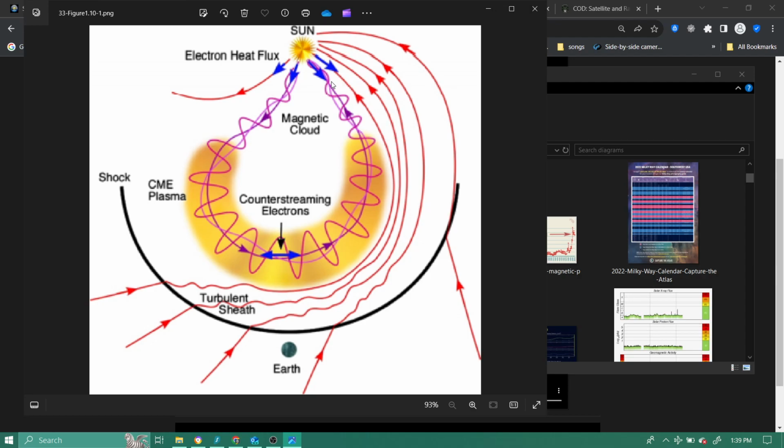Once that loop reaches high enough off the sun, it's going to break. And when it breaks, it allows everything to stream off that magnetic field line and pushes it in a major explosion out into space. And that is a CME, a coronal mass ejection.